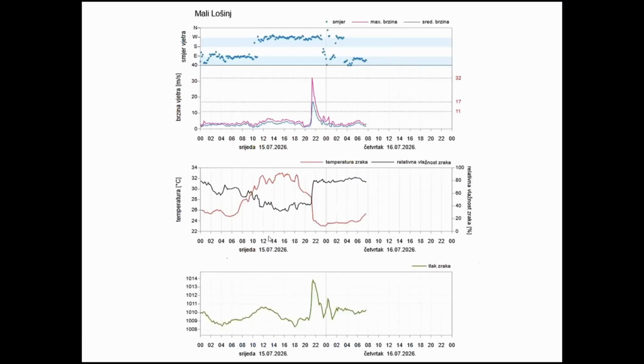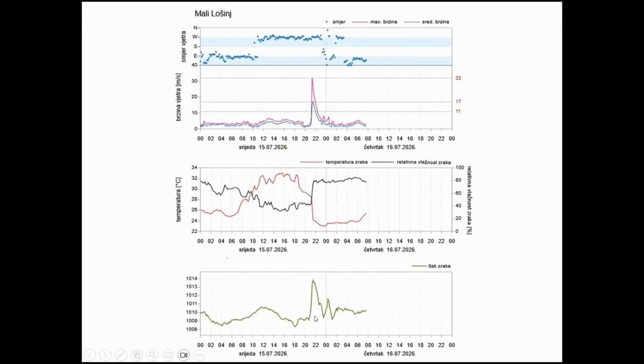And you can see in these automatic measurements of wind, temperature, and air pressure that we had a rapid rise of the pressure at the surface, and then a strong decrease in the pressure, which caused the meteotsunami.